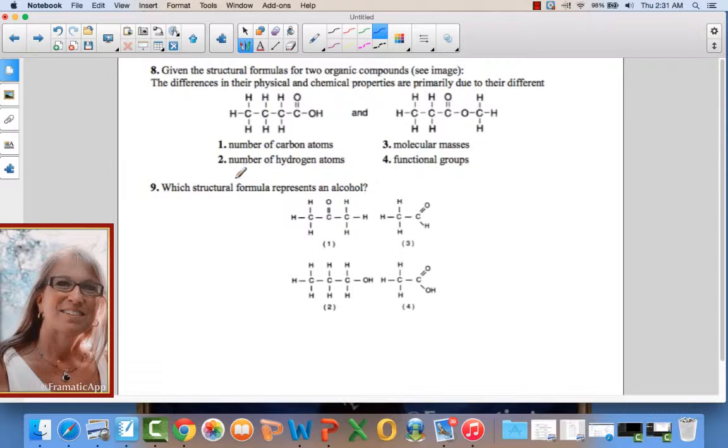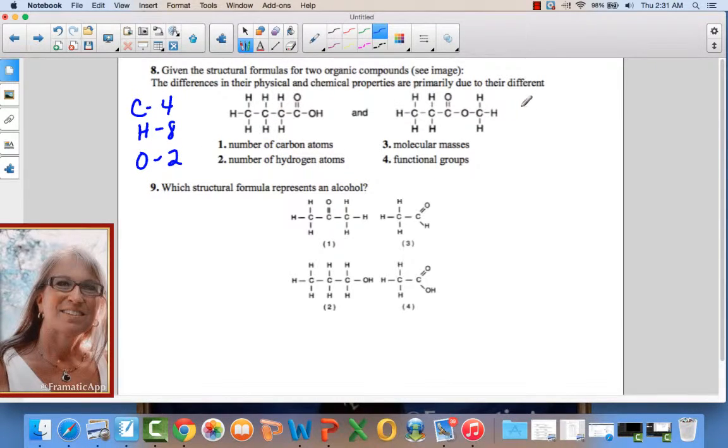Given the structural formula for 2 compounds, one on the left and one on the right, the difference in their physical and chemical properties are primarily due to what? Well, let's see what we have going on here. I got 4 C's, 8 H's, and 2 O's.